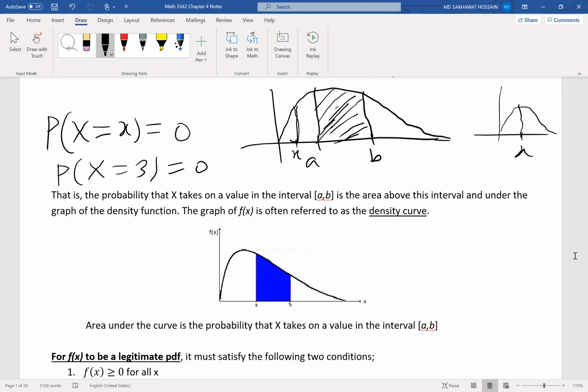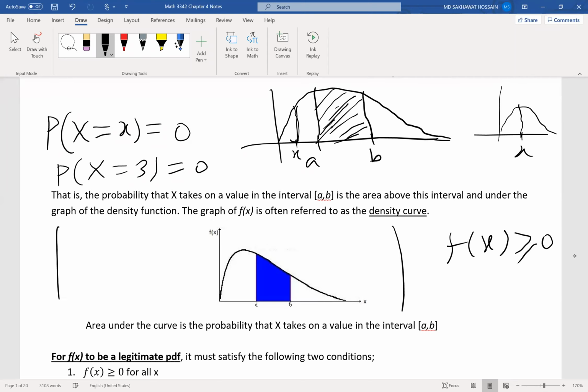Another thing, the density curve represents the probability density for all the values of x. You know that the probability cannot be negative. So that's why f of x is always greater than or equal to 0. So f of x will be either positive or 0.